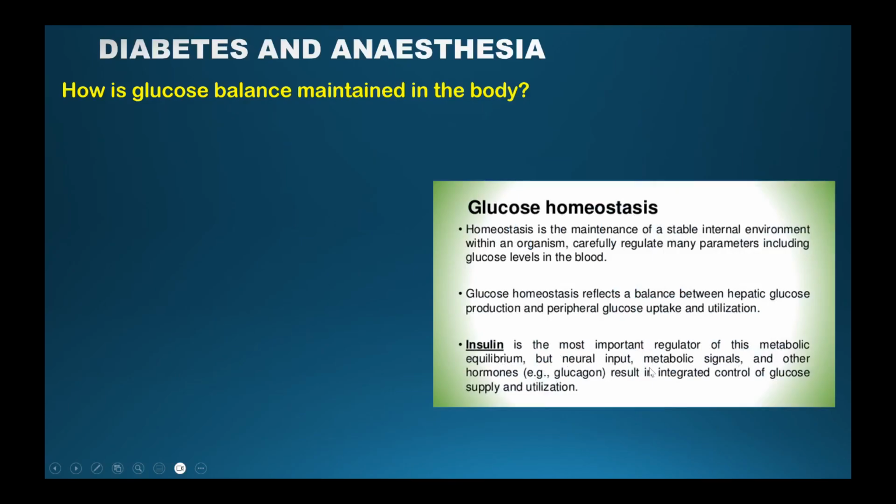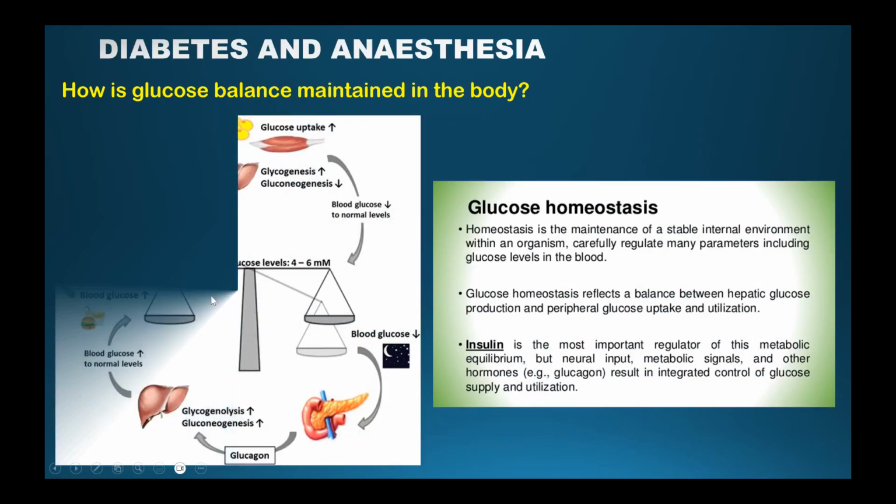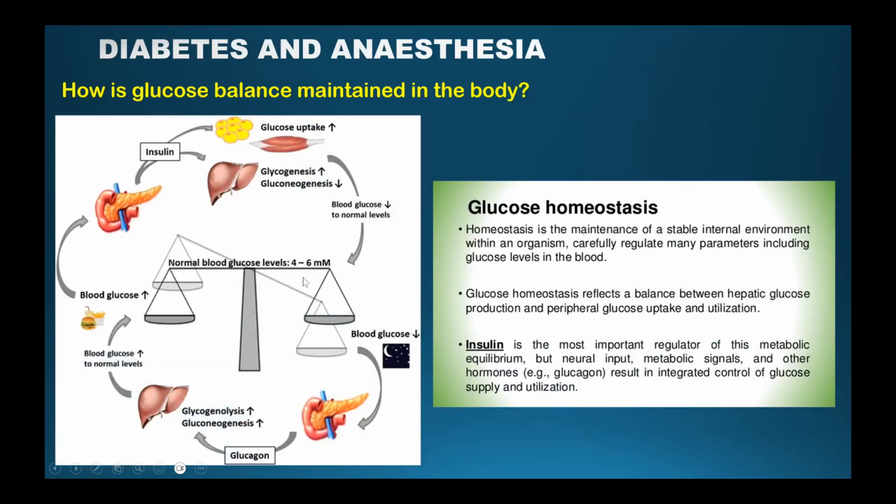But other neuronal input and metabolic signals are also important. So this is how the normal balance of 4 to 6 millimoles is maintained. Whenever there is an increase in glucose, it stimulates the pancreas and the release of insulin.